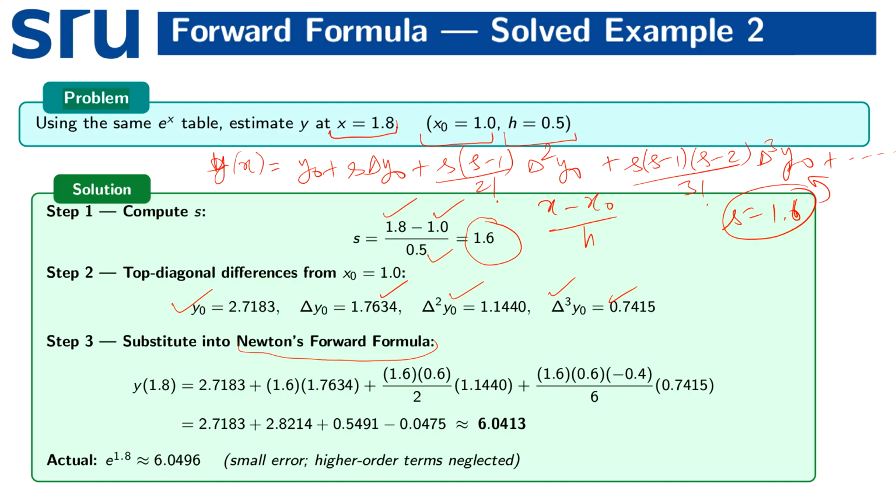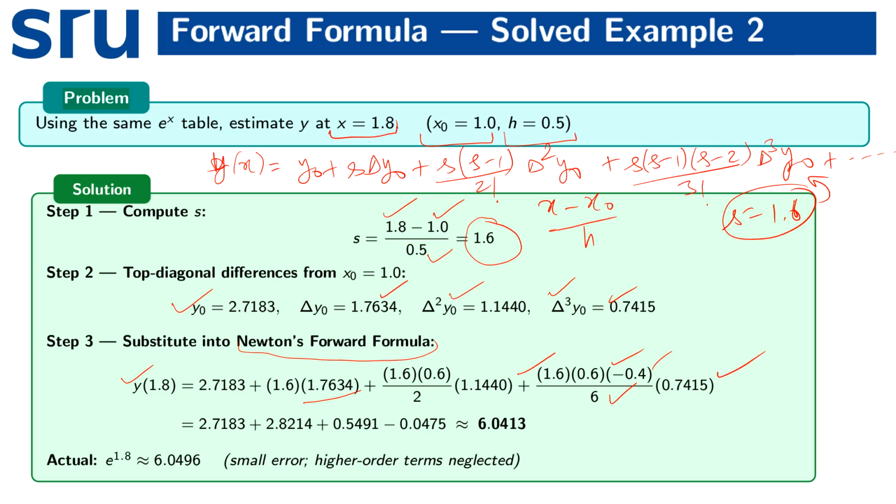After substituting this value here, y 1.8 becomes 2.7183 plus 1.6 into 1.7634 plus 1.6 into, and s minus 1 will become 0.6, upon 2 factorial into 1.1440, plus 1.6 into 0.6, and this will become s minus 2, so it will become minus 0.4, upon 3 factorial, that is 6, into 0.7415.